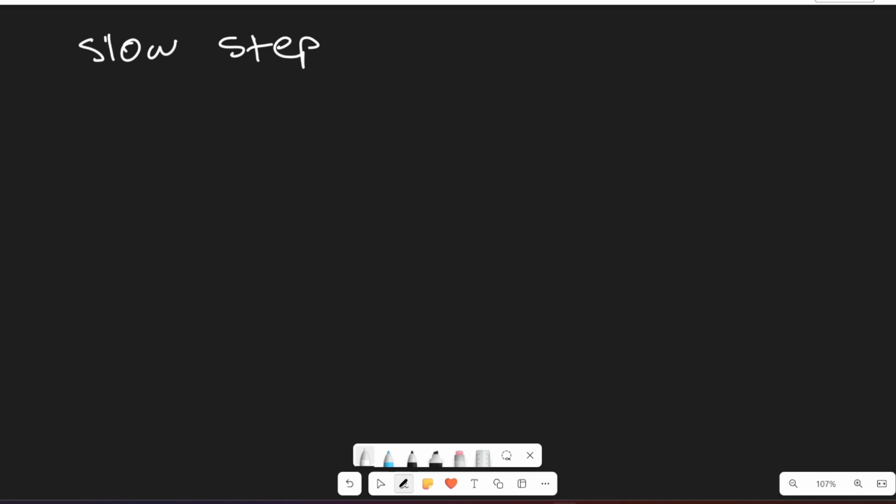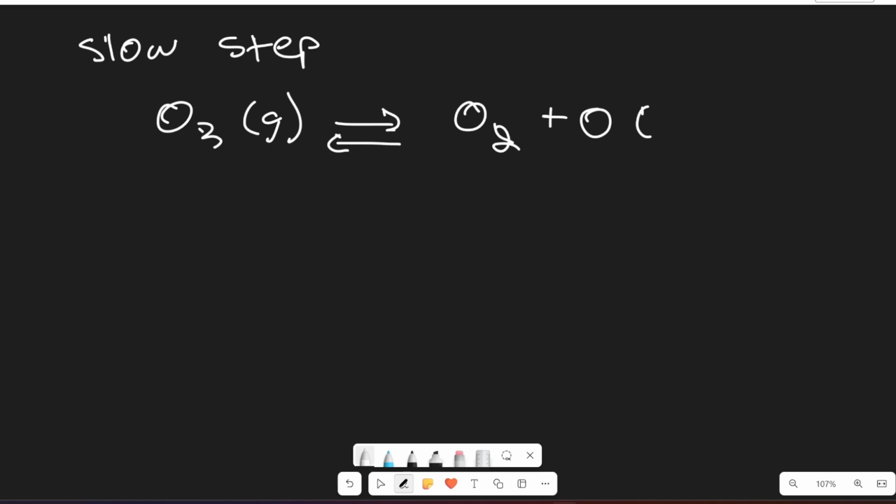So essentially what would happen here is, let's say that we had O3 gas, and that this went to O2 and O. I'll just say this is gas as well. And then this would be denoted as our slow step.